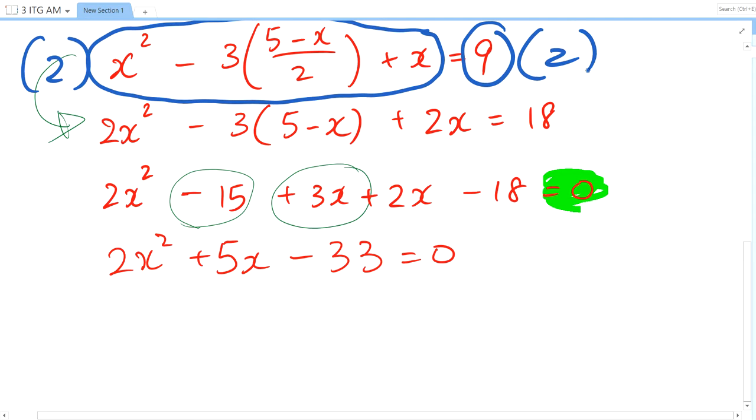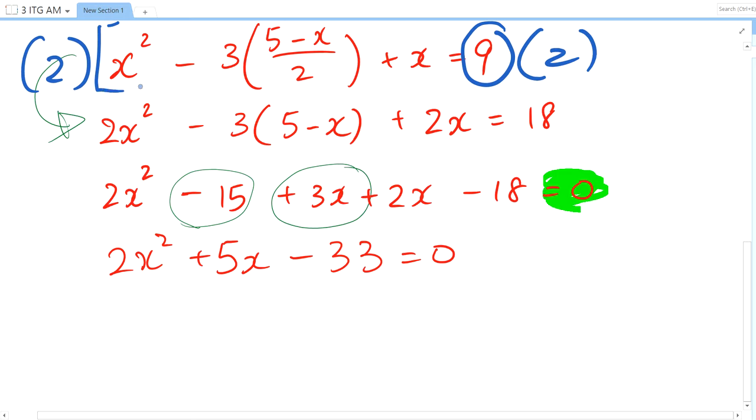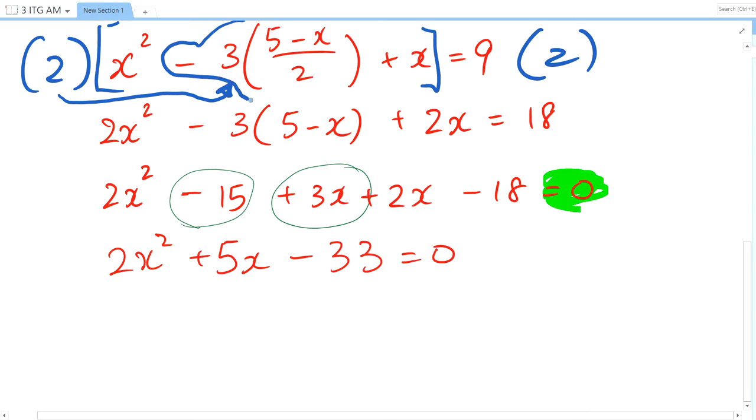Okay, now when I expand the left hand side, 2 times x squared, I get 2x squared, yes? Now 2 times of this, referring to this whole chunk, right?